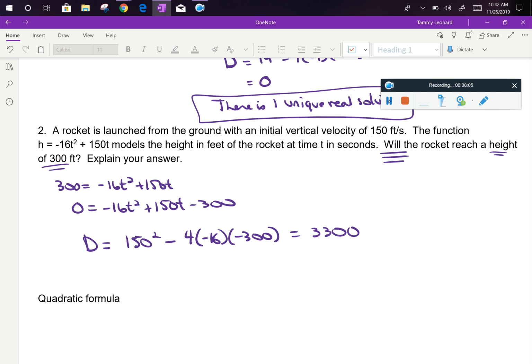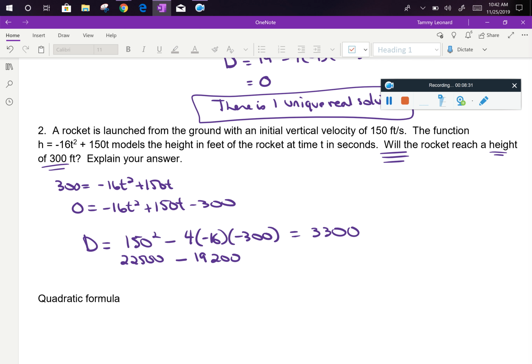So what's 150 squared? 22,500? And this is negative, negative, negative, so it's going to be minus. What's 4 times 16 times 300? 19,200. So yeah, that's going to come out positive.